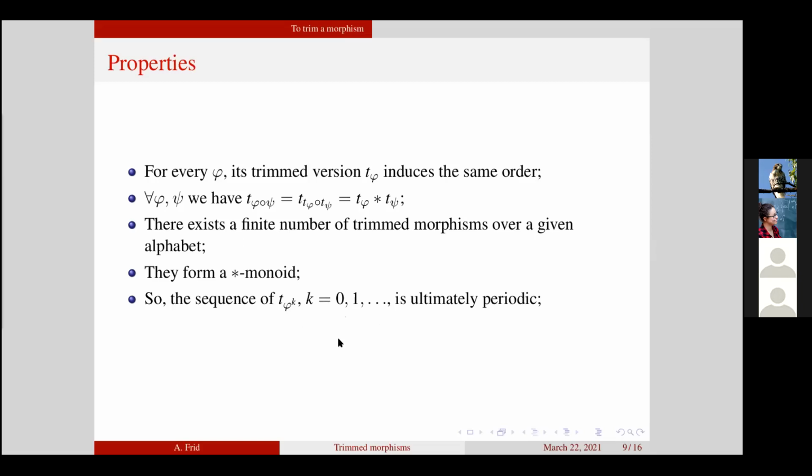So in some sense, for any given morphism, the sequence of orders which it induces over images of letters is ultimately periodic. In fact, the trimmed morphism gives exactly more information than the orders. Maybe the period of the sequence of orders will be smaller, but anyway, there will be a period.